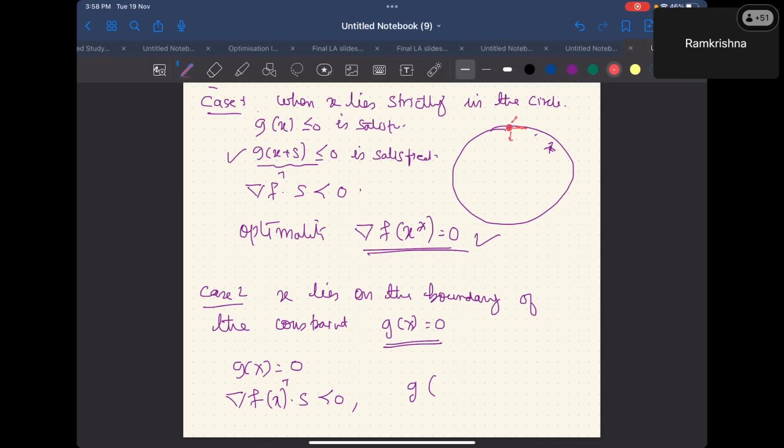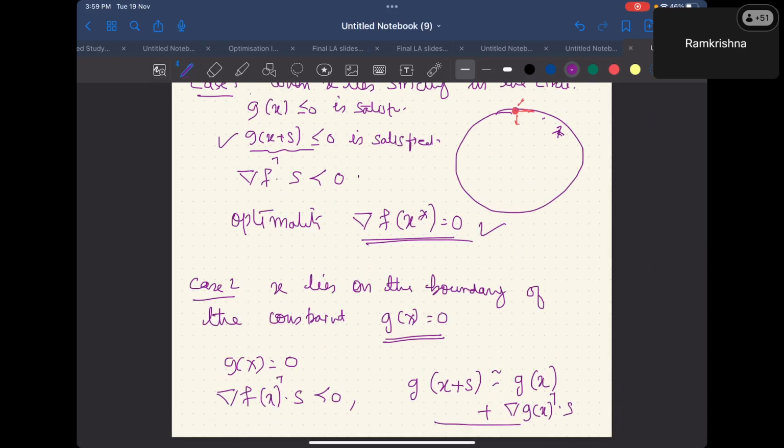This also means that g of x plus s is now equal to g of x plus gradient of g of x transpose times s.